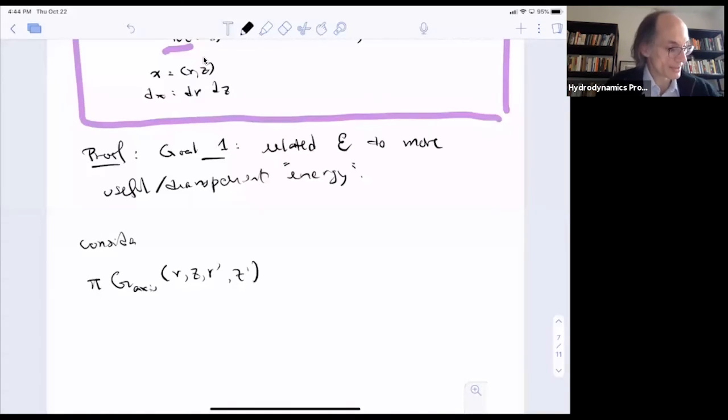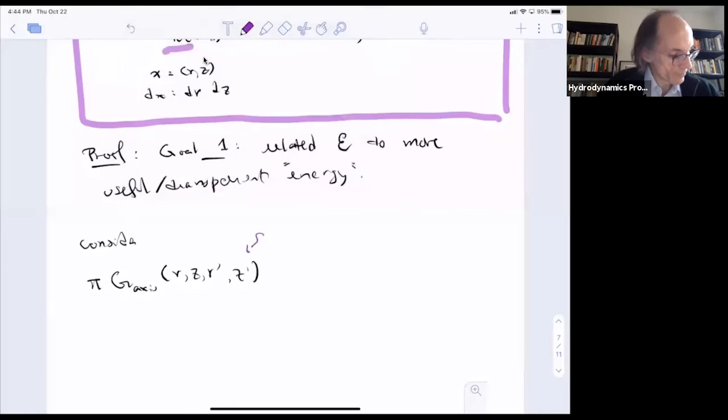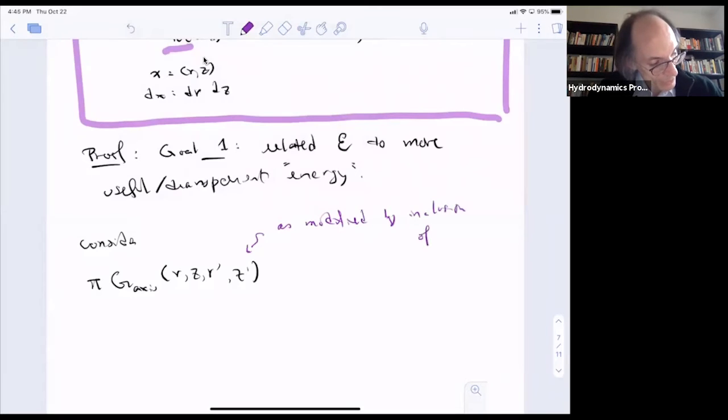And so this is as modified by inclusion of this term.